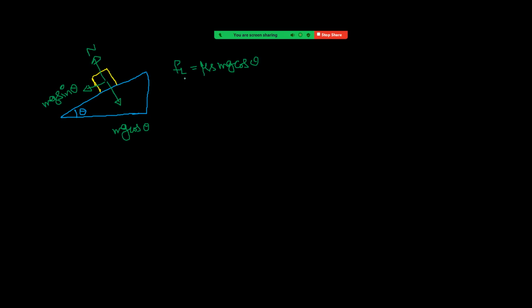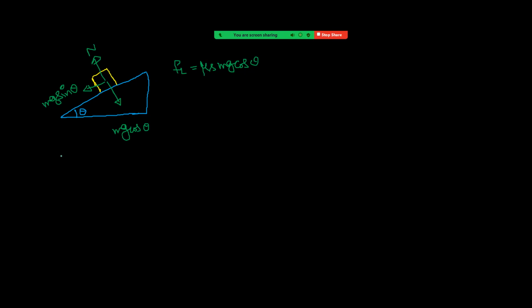Now come here, the limiting friction. Mu s mg is constant, the remaining part is cos theta. When theta is increasing, cos theta decreases. That means when theta is increasing, the downward force is increasing, and the limiting value of frictional force is decreasing. At one point of time, both are equal. When both are equal, the block is about to slide down. So I'm writing the condition here.